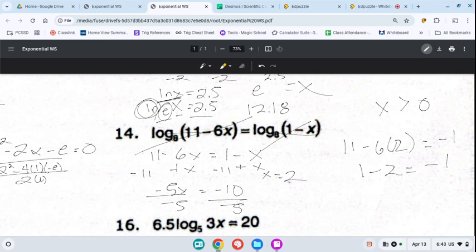Yeah, they equal each other, but there is no solution. Do not get caught up on the fact that they do equal each other when you do it by hand, because there is no solution if x is less than 0. x must be greater than 0. It must be a positive number. So the answer to 14 is no solution.